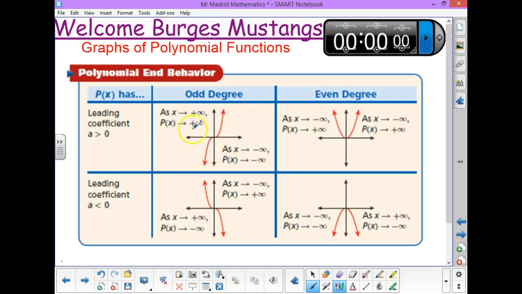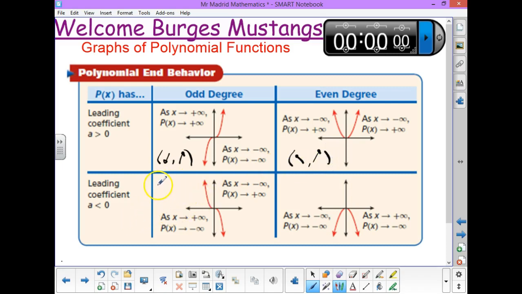For this box, my focus is the arrows. The left side's pointing this way, the right side's pointing that way. Here, the left's doing that, and the right is doing that.